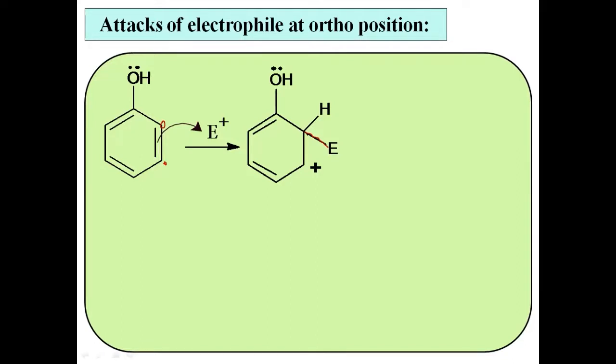Now this intermediate further undergoes delocalization, the resonance effect. How does it undergo delocalization? This carbon has a positive charge, meaning it is electron deficient.